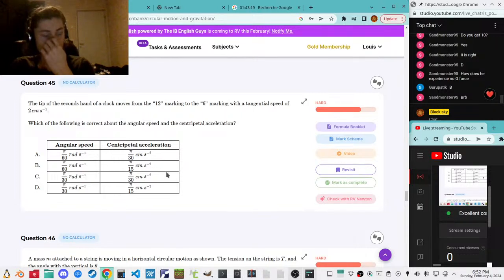So the angular speed. 2 centimeters per second, let's just make it 0.02 meters per second. So this divided by r is the thing. What's r? Okay, I guess we just need to make it 30 seconds. So it takes 30 seconds for this to go there because it's a clock.